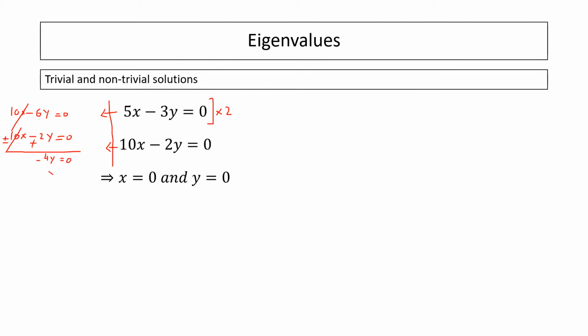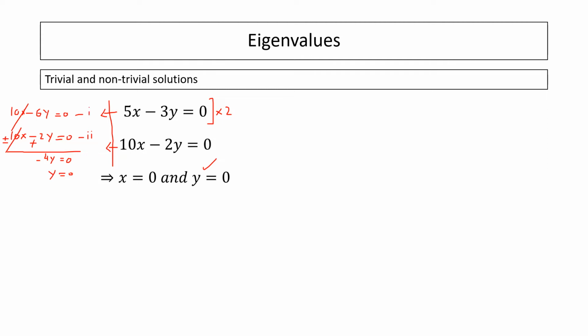So if we divide this by minus 4, the answer comes out 0, which is this answer. And if we plug this y equals 0 in the second equation or in the first equation, we can get the x value.